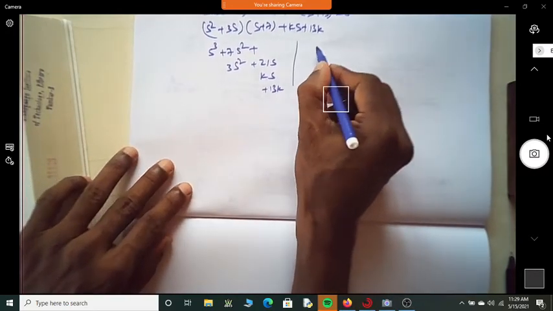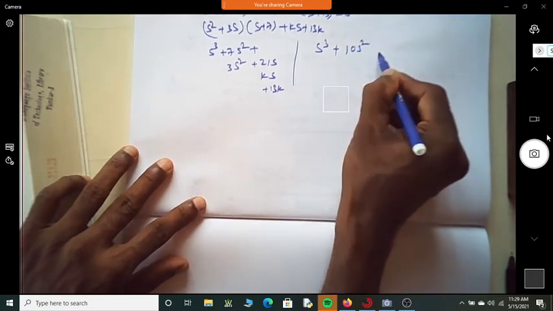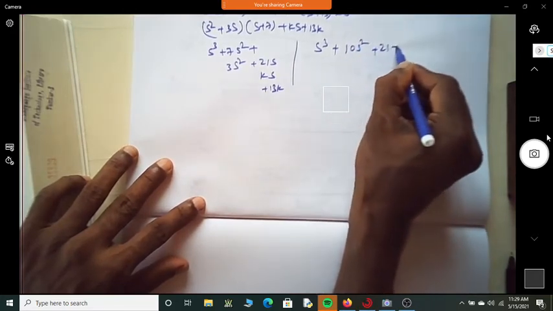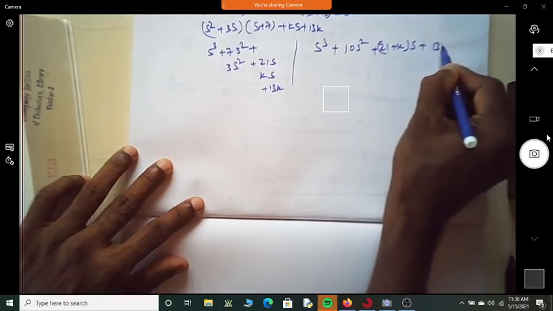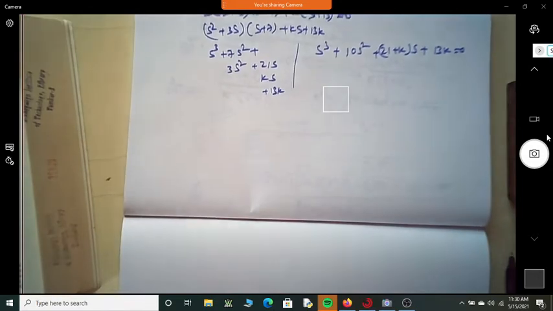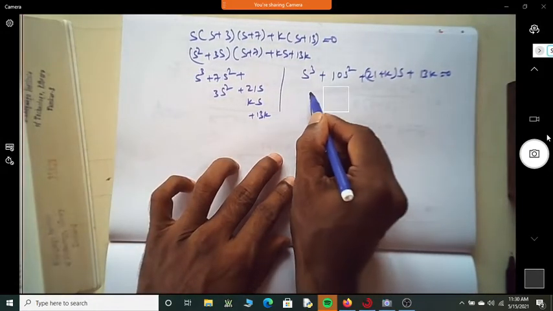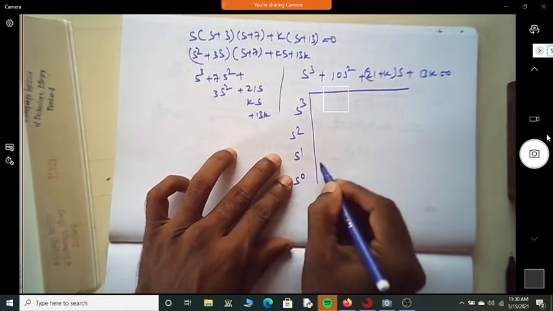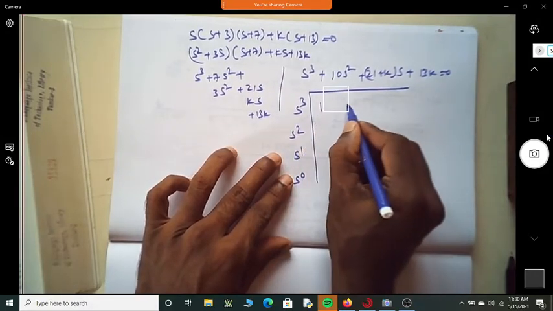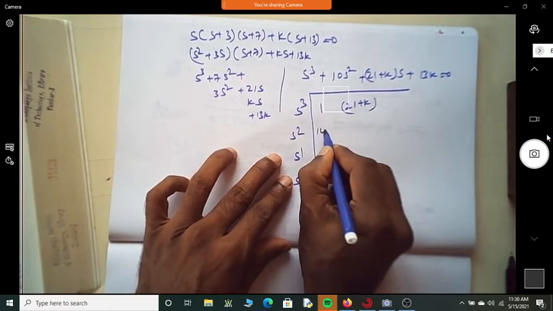So then the equation is S cube plus 10S square plus (21 plus K) into S plus 13K equal to 0. So shall we write the Routh array for this? Is it 1, 21 plus k, is it 10?